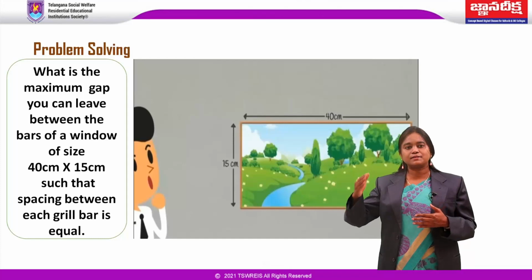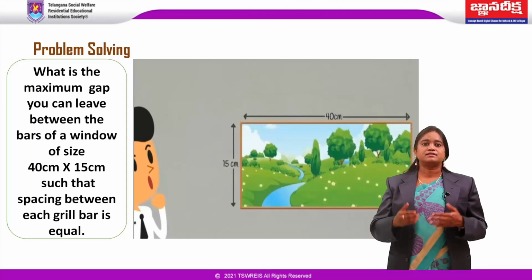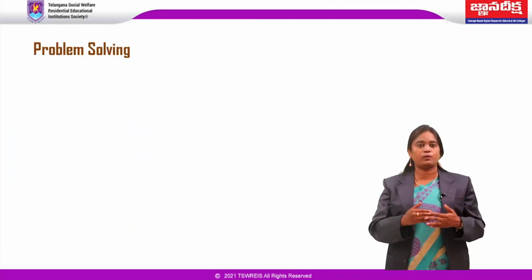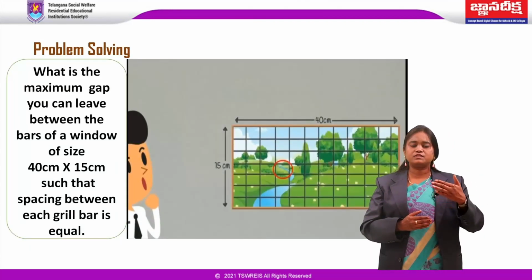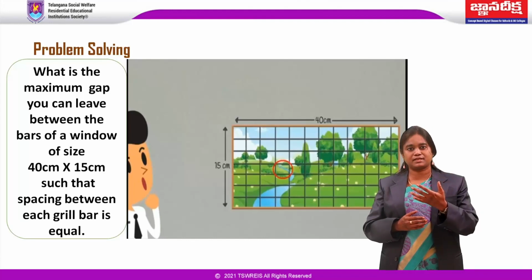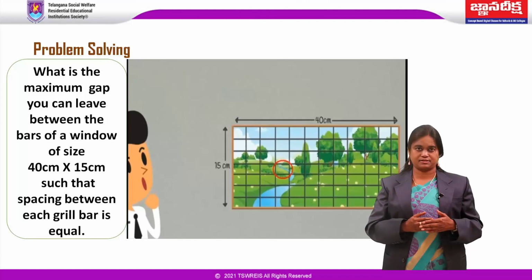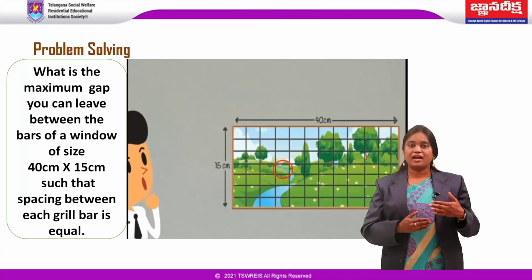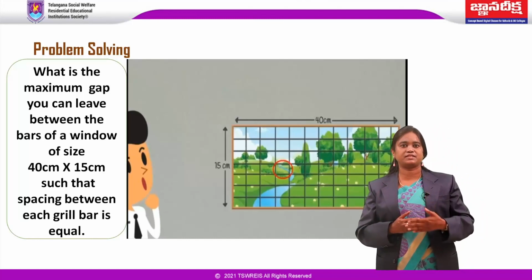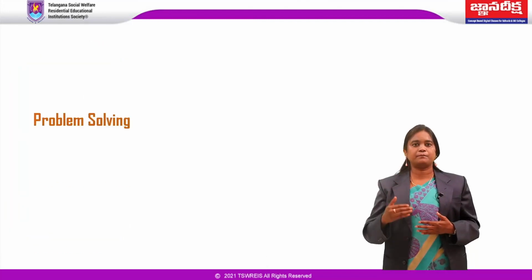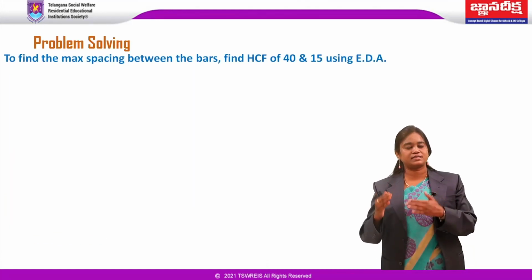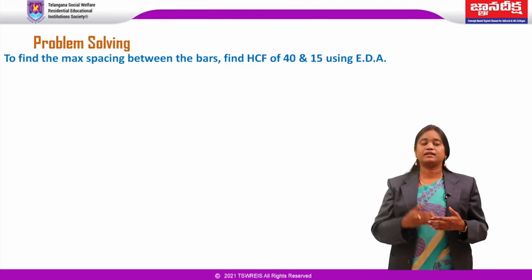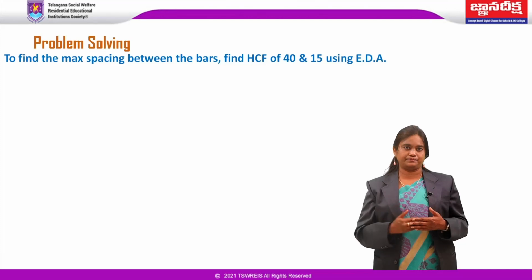What is the maximum gap you can leave such that the spacing between the bars is equal? We need to find the maximum spacing between the bars. The way to find it is the HCF of 40 and 15, the highest number that divides the length 40 centimeters and the width 15 centimeters, using Euclid's division algorithm.